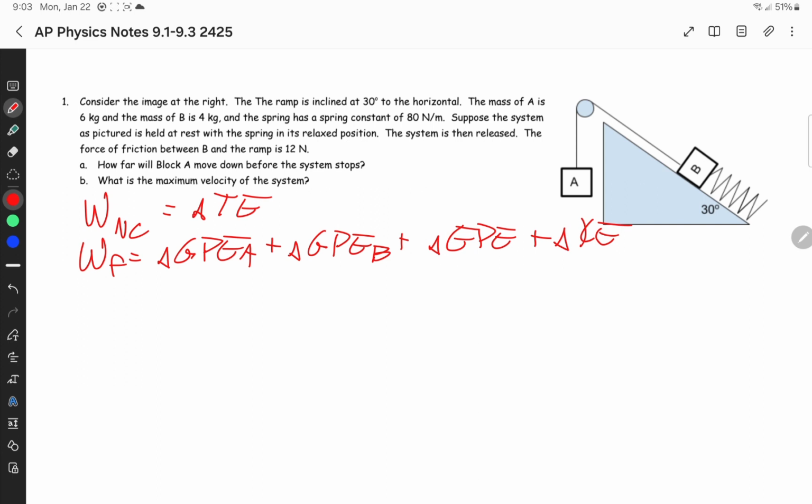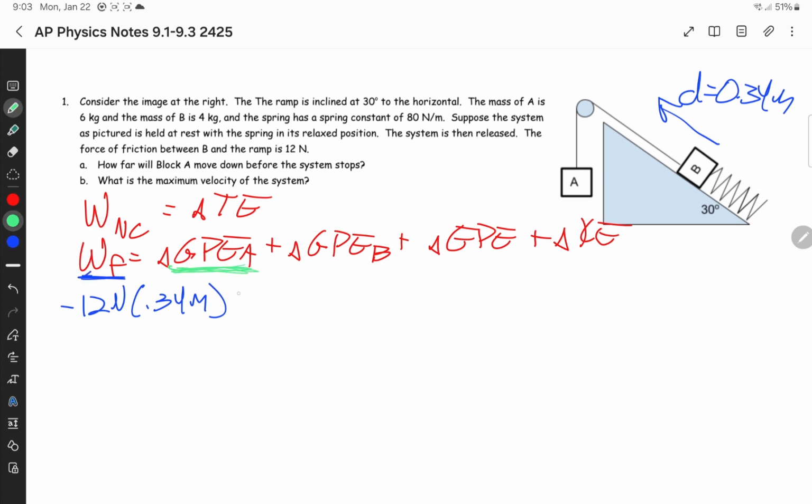We decided that our system was going to move through a distance of 0.34 meters. So the work of friction is negative 12 newtons times 0.34 meters. Change in GPE for A is the mass of A times 9.8 times the distance it goes down, which is negative 0.34 meters.